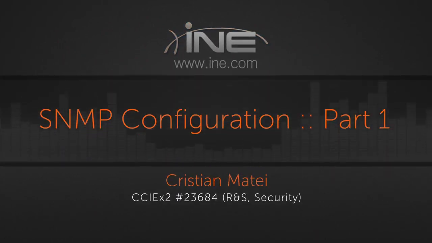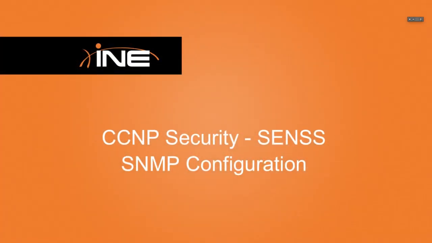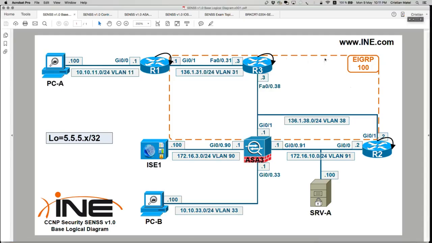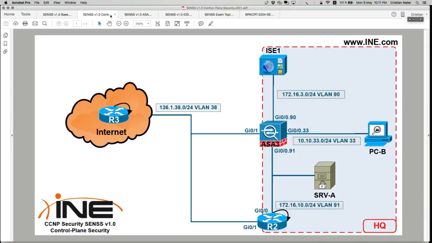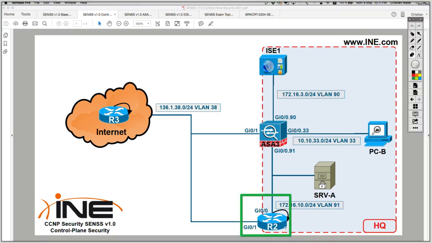Okay, so next we're going to go to the actual configuration of SNMP on both the ASA and the IOS. We're going to configure router 2 and ASA 3 as my SNMP agents, and server A is going to be my SNMP manager.